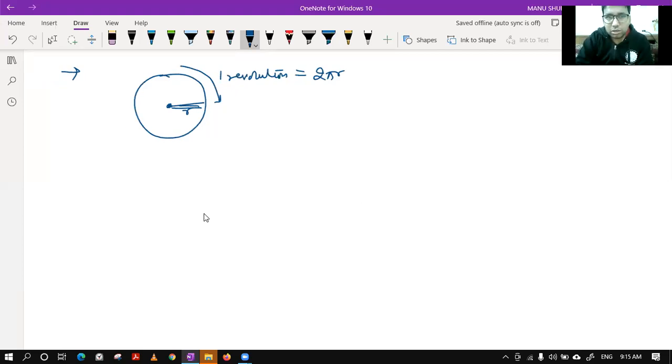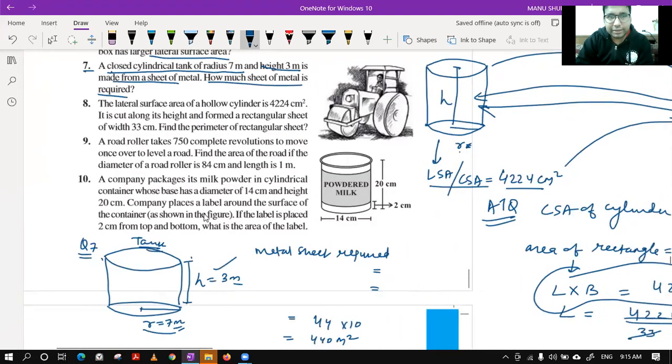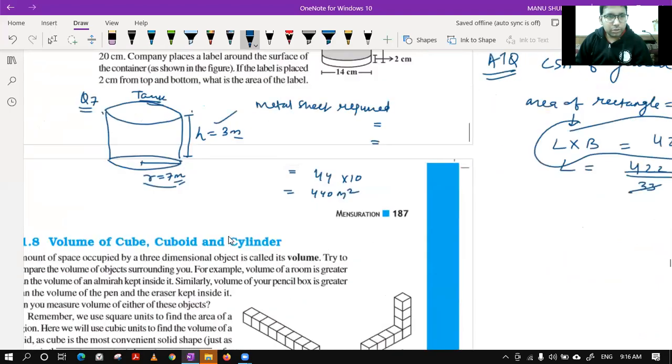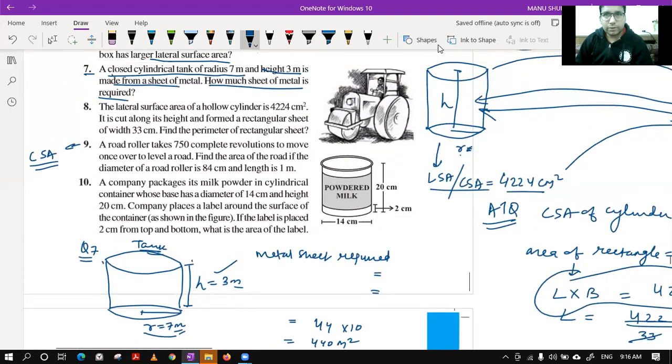So in the case of a cylinder, in one revolution, the area covered is equal to the curved surface area of the wheel or that front wheel. I hope this point is clear. We will discuss it again tomorrow. Try this today and tomorrow we will do it completely. Fine. Then question number 10 will be the last one.